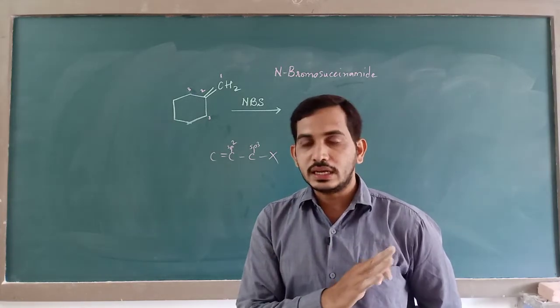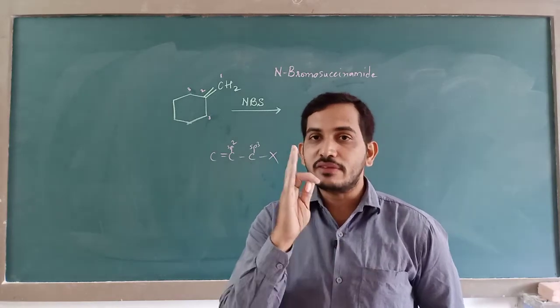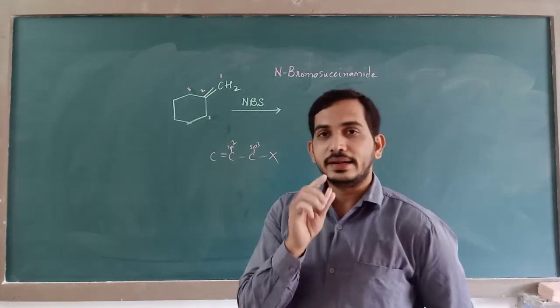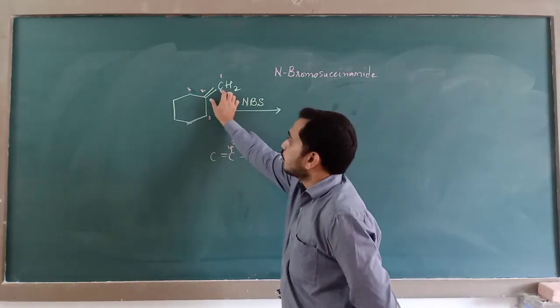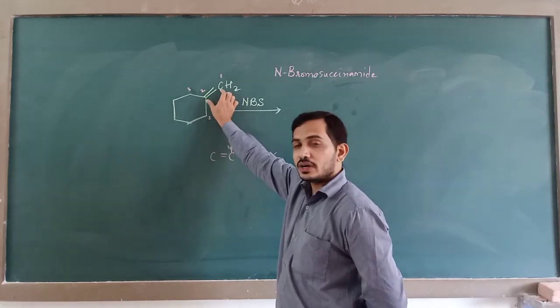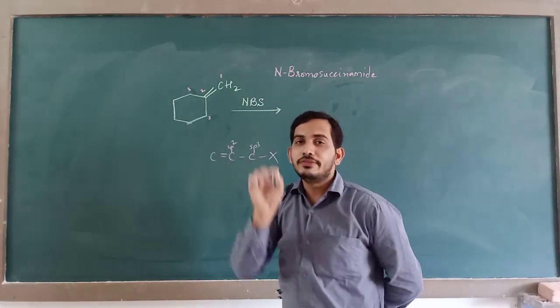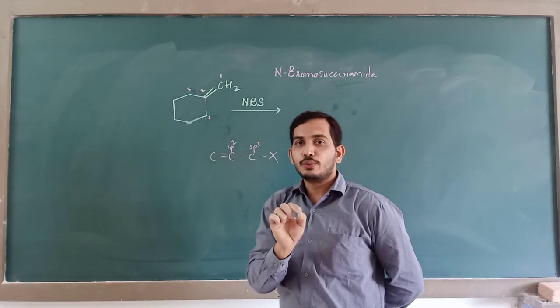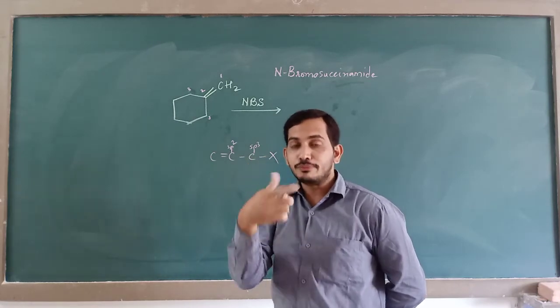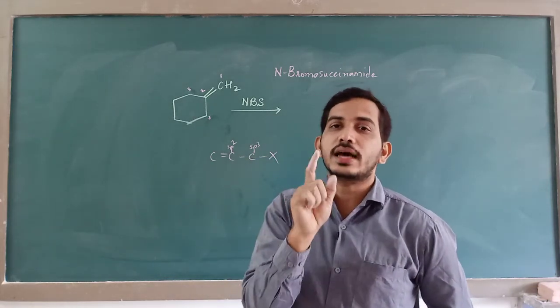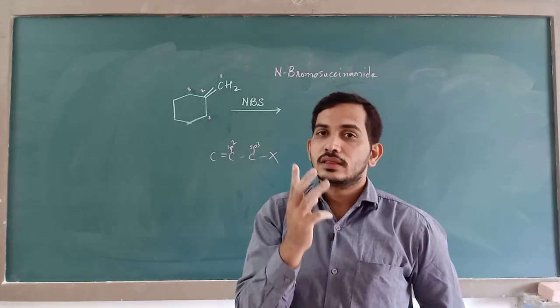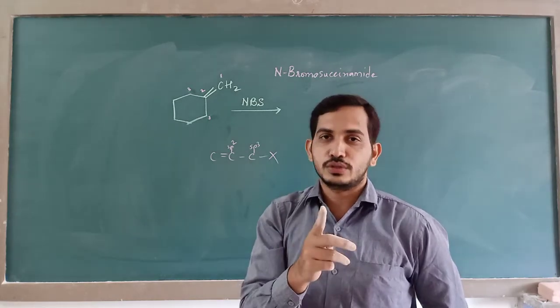Even if it is not cyclic, fine, but you should have ethylenic carbons, and then ethylenic means double bonded carbons, 2 carbons involved in double bond, and then it will brominate, it will give bromine for attachment only at allyl position. Allyl means 3 carbons or at third positions.